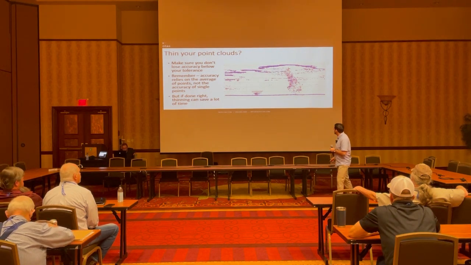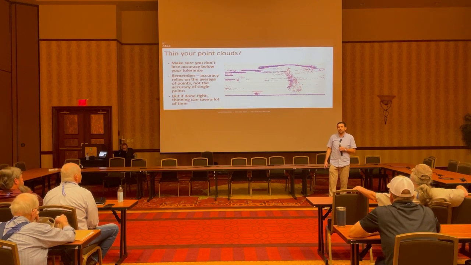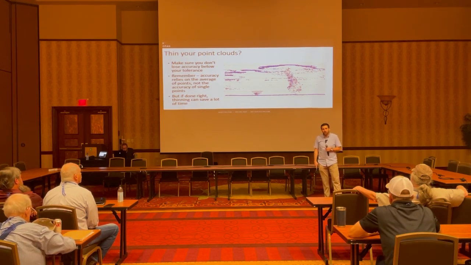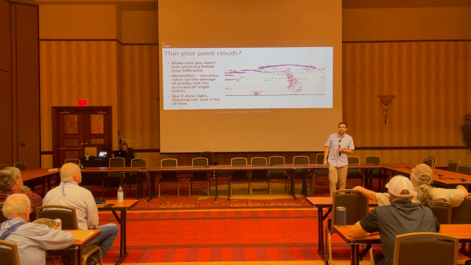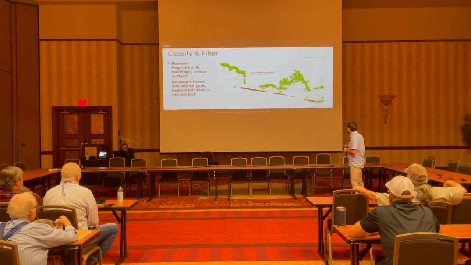So thinning point clouds, being honest, is used sparingly at this point because there are a lot of pitfalls which are not all super well documented, and it takes a good amount of experience to make sure that you're thinning a point cloud in the proper way.